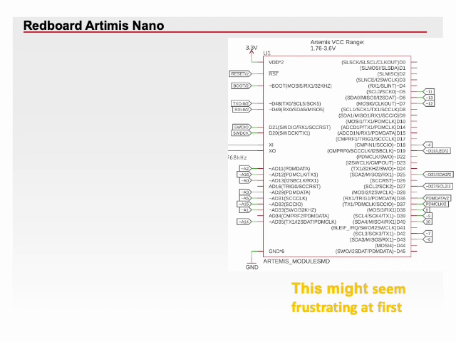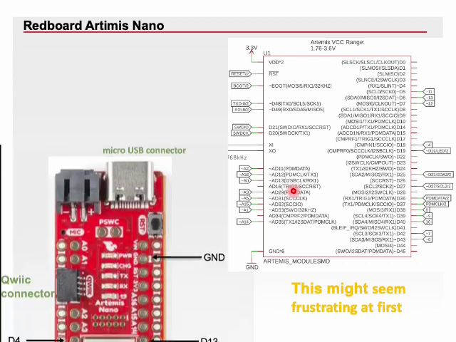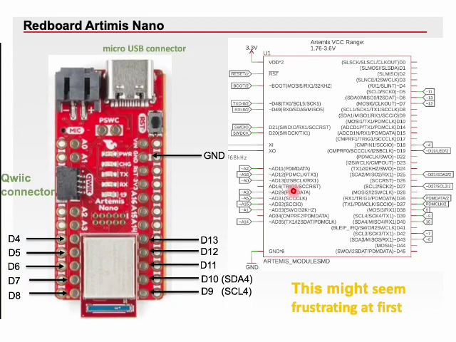This is the schematic of the Sparkfun Redboard Artemis Nano. Its reading can seem intimidating at first, but with some practice and help, it can become easier. Here are some clarifications that might help you to read the schematic, which of course requires some practice and familiarity with electronic components and circuits.